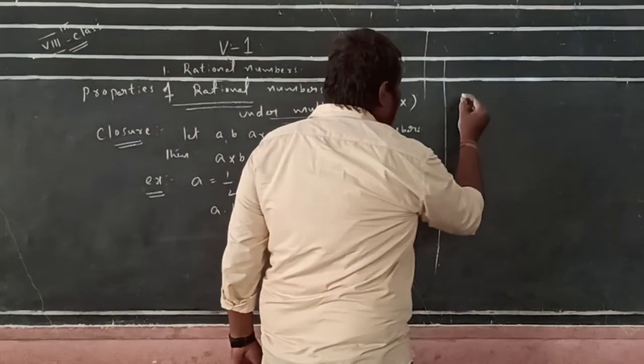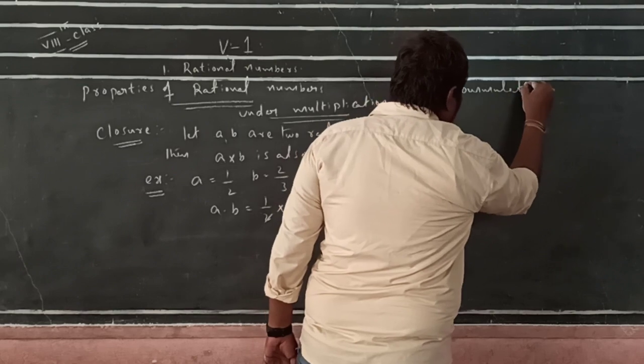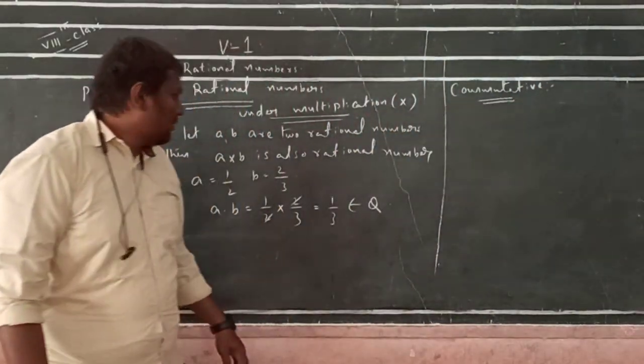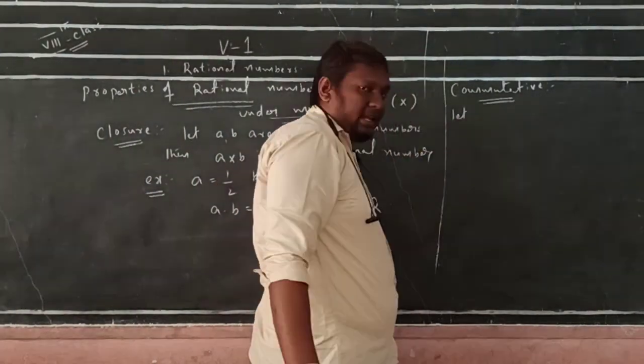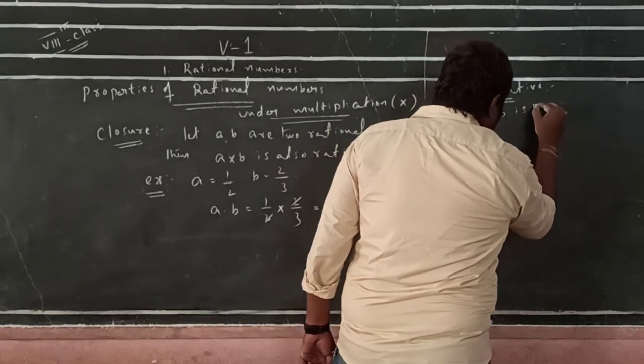Okay, next property is commutative property. Here let A and B be rational numbers.